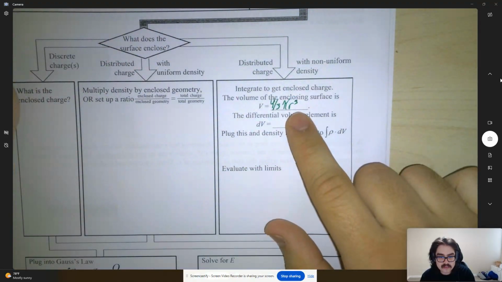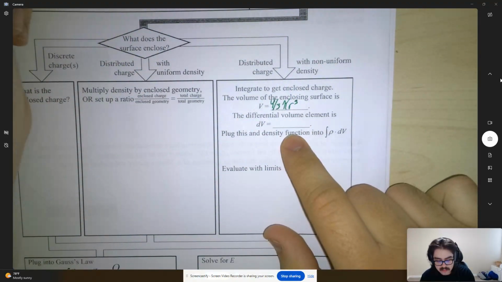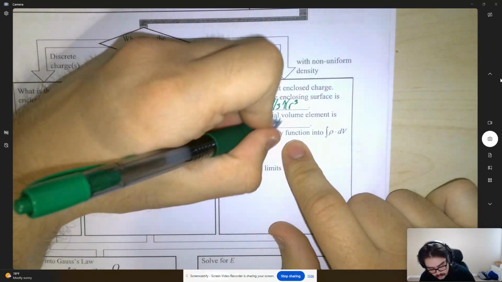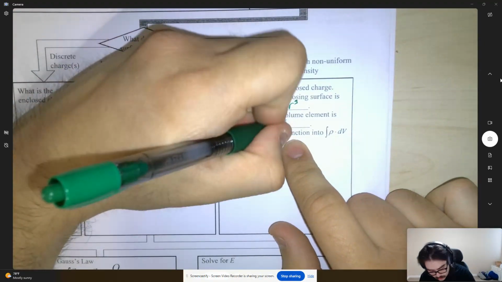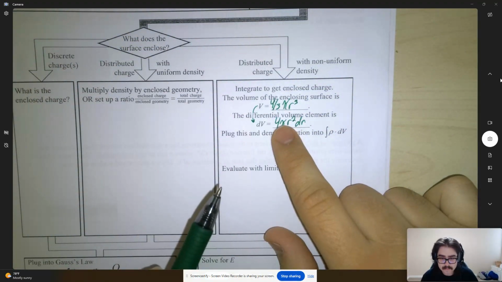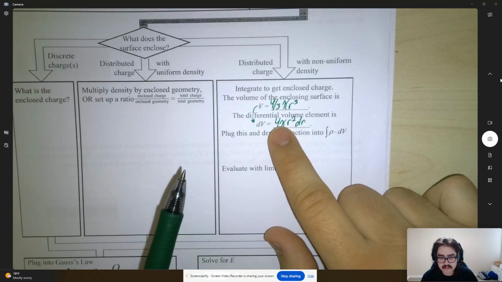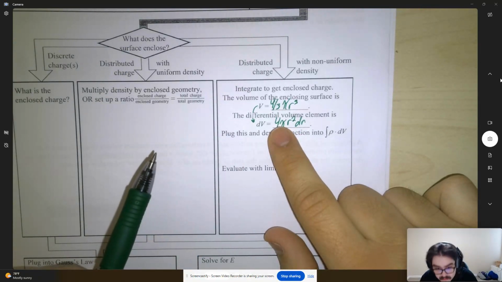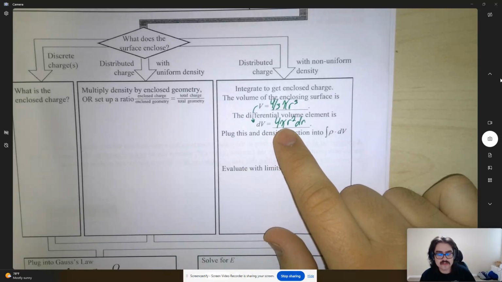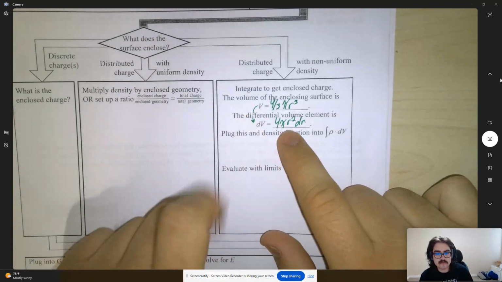And if you differentiate that to get the differential volume, you actually end up getting 4 pi r squared dr. That's literally all you have to do for that. And that's also the surface area too. Isn't that interesting to think about how when you differentiate the volume, you get the surface area?